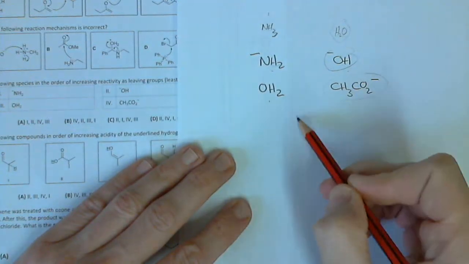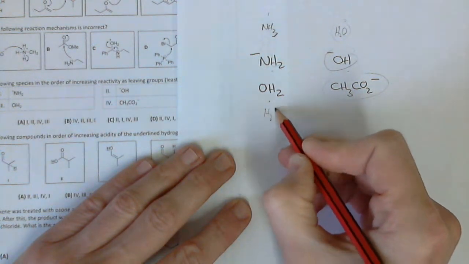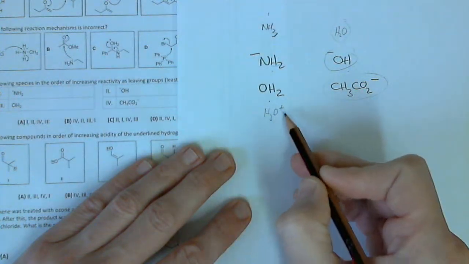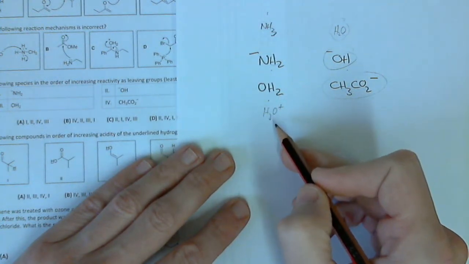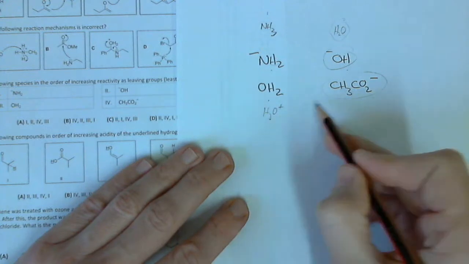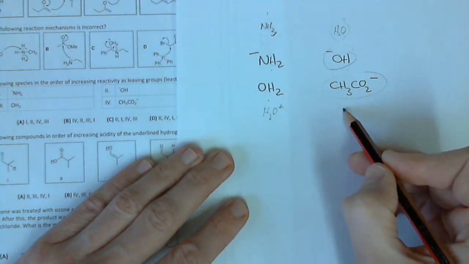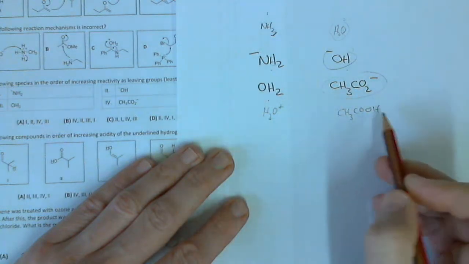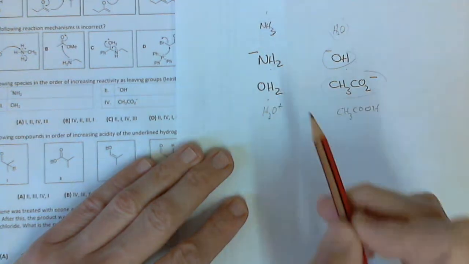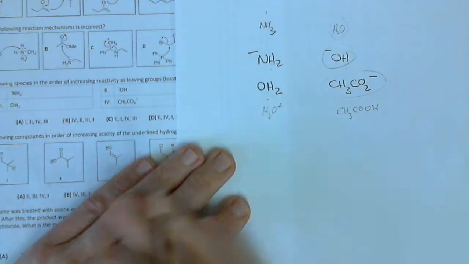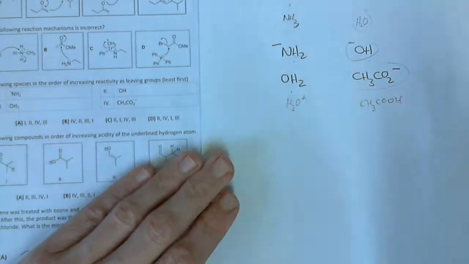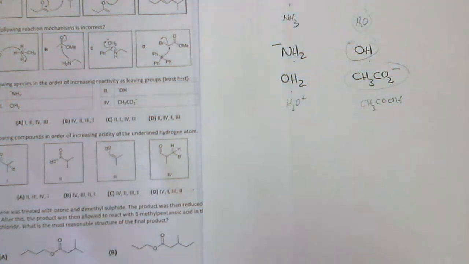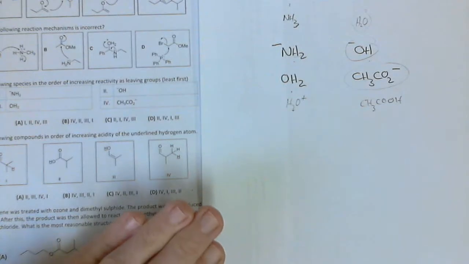And then we've got acetic acid and H3O plus. And H3O plus is actually the strongest acid out of this versus acetic acid, CH3COOH. And so this one will be the best leaving group. All right, so increasing reactivity as leaving groups, we want the least first.